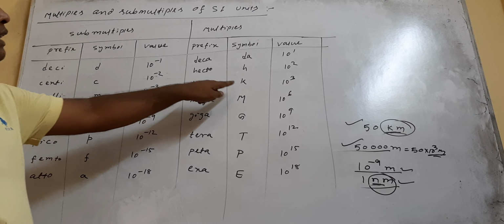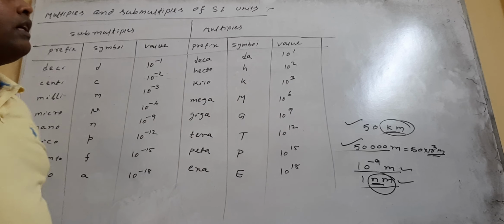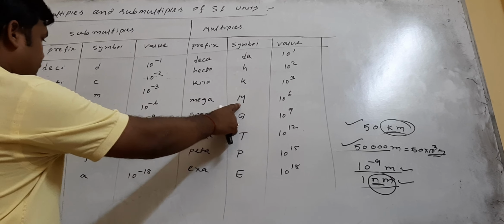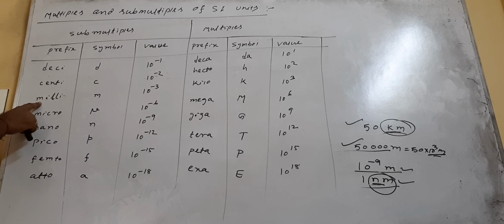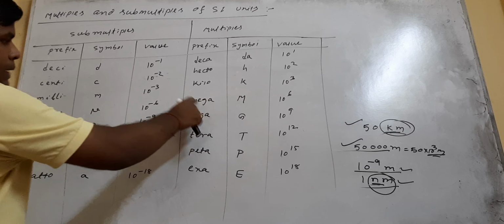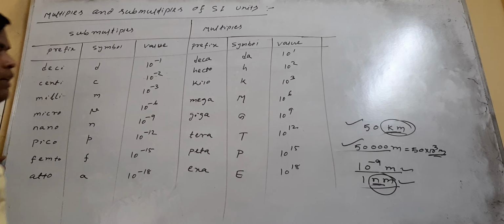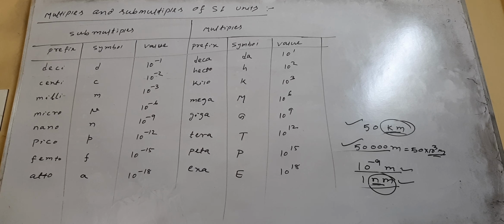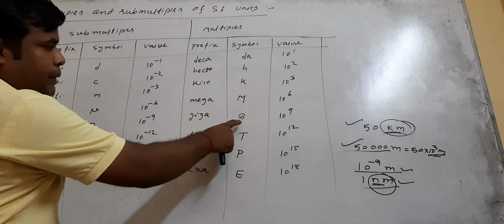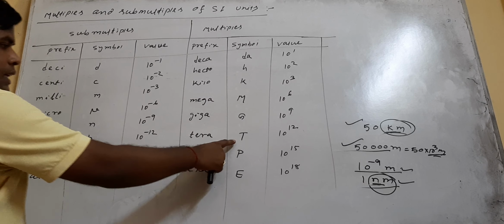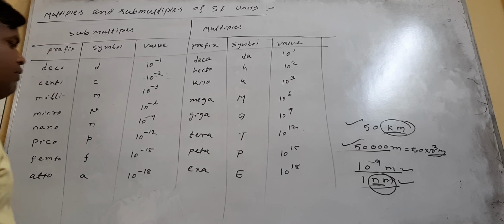Kilo, then small k, value is 10 to the power 3. Mega, capital M, because small m is for milli and capital M is for mega. Capital M value is 10 to the power 6. Then giga, capital G, 10 to the power 9. Then tera, capital T, then 10 to the power 12.